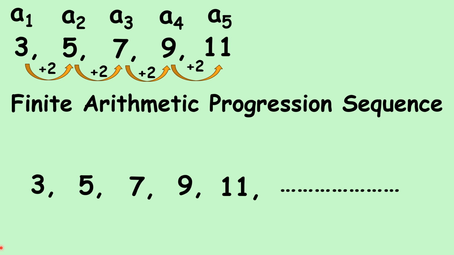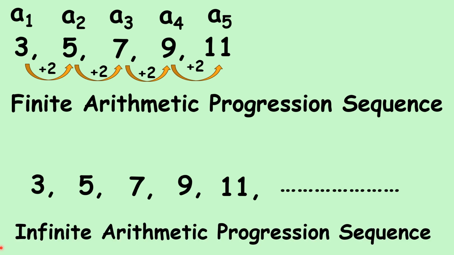It becomes what? Infinite. So now what we're going to say is that 3, 5, 7, 9, 11, and because of all those dots, we'll now call it an infinite, but it's still an arithmetic progression sequence. This is just for clarity.